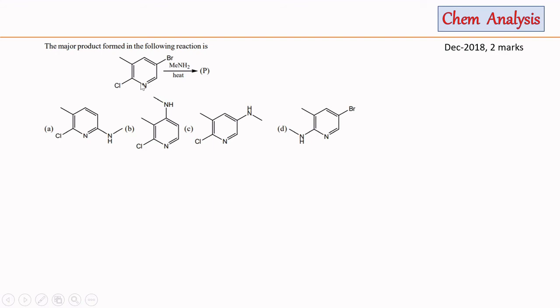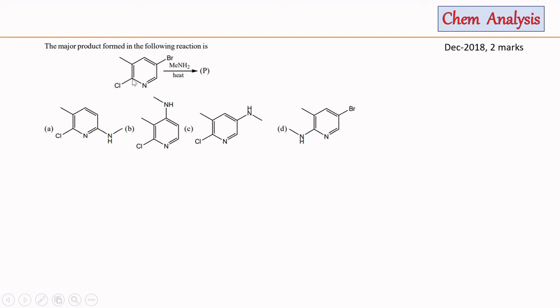On the other hand, the nitrogen center will exert its minus I effect on all the carbon centers of this pyridine ring, and since it is at the ortho position, the minus I effect of this nitrogen will be higher at this place in comparison to the meta position.